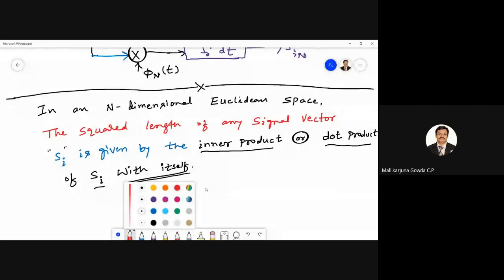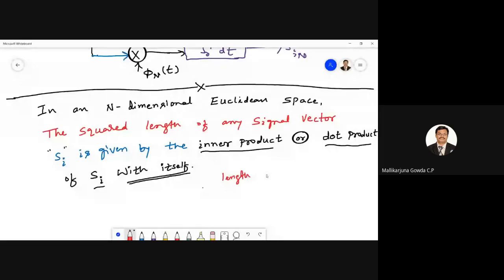I know how to write the length of a vector.